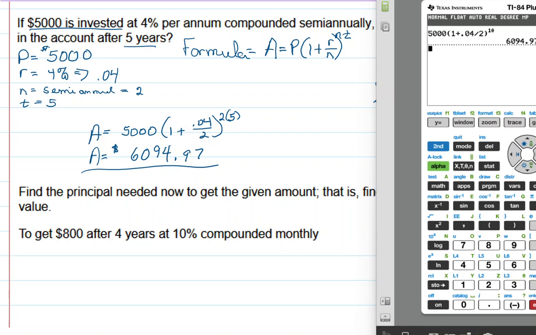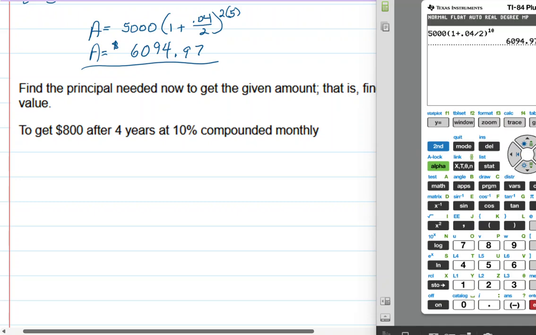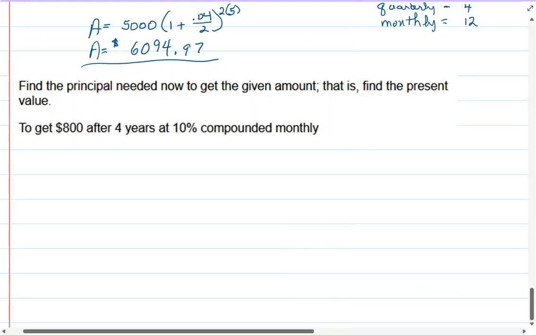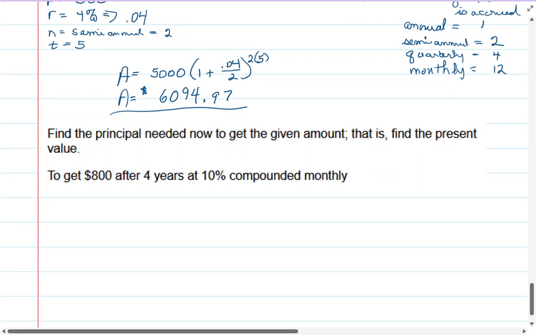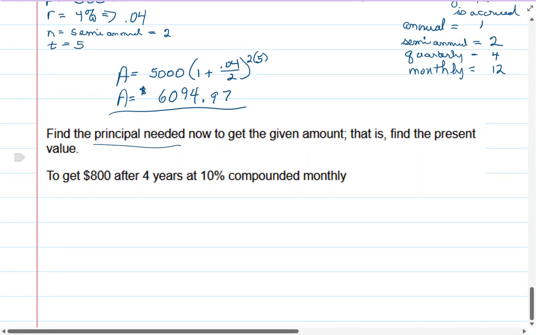2 decimals. All right. So we're given this one here, and I gave this one as well in the homework. Find the principal needed. Well, most of us want to figure out what we need as a down payment for an expensive vehicle, a home, or whatever you're putting a down payment on. So you want to know how much you need and how long you will need to acquire it by savings, at its present value.